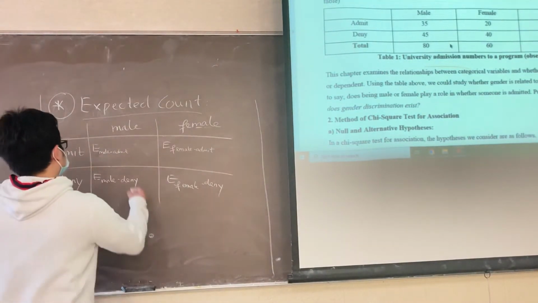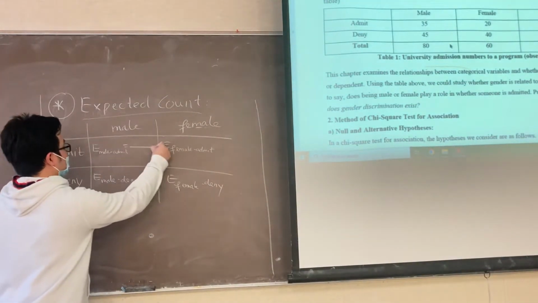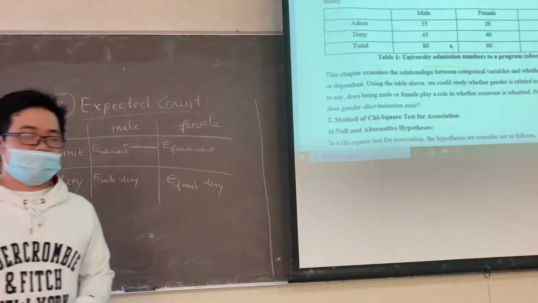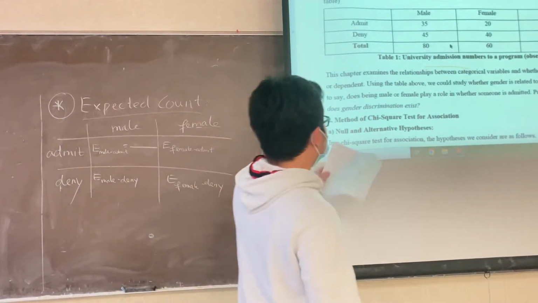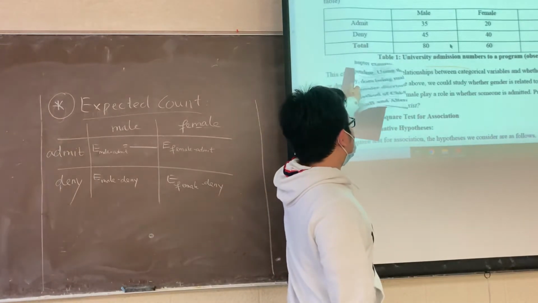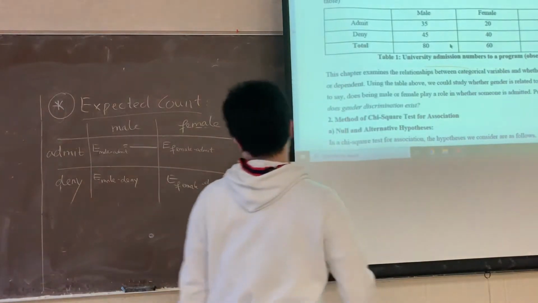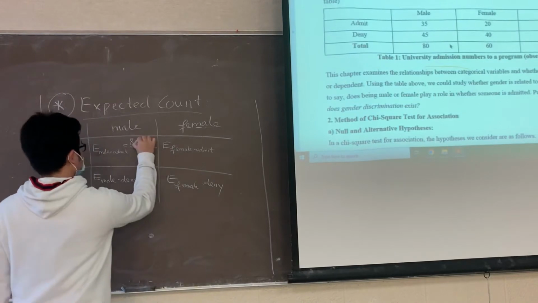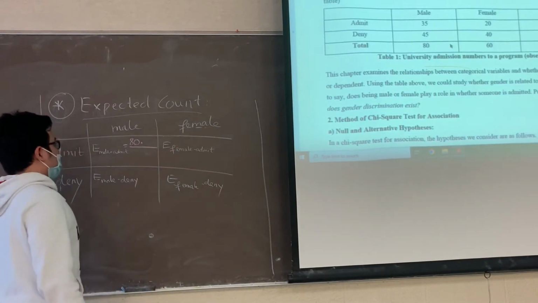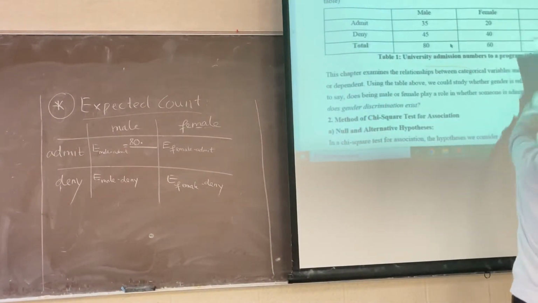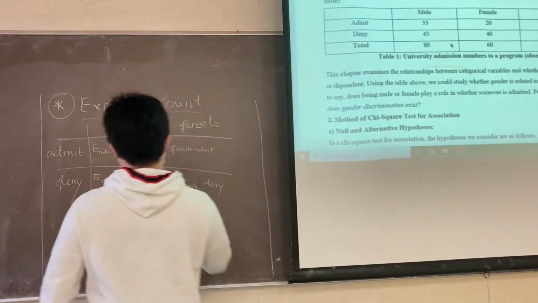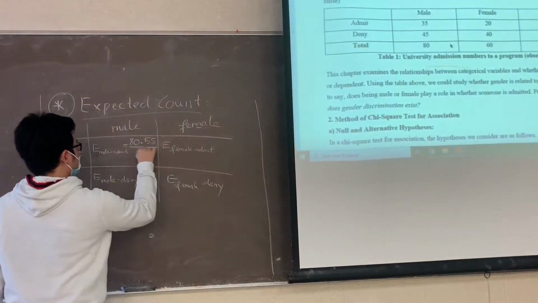For the expected count for male and admit, you will count how many male students. Here we have 80, and how many admit? You look at this one, 55, and over 140.